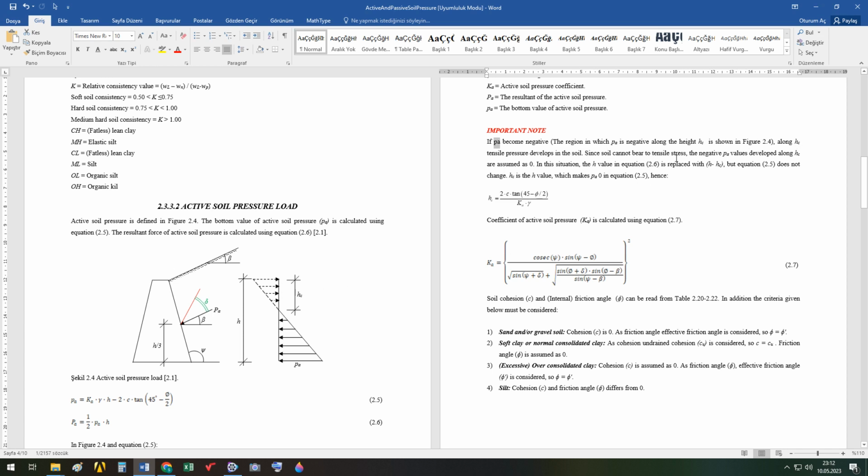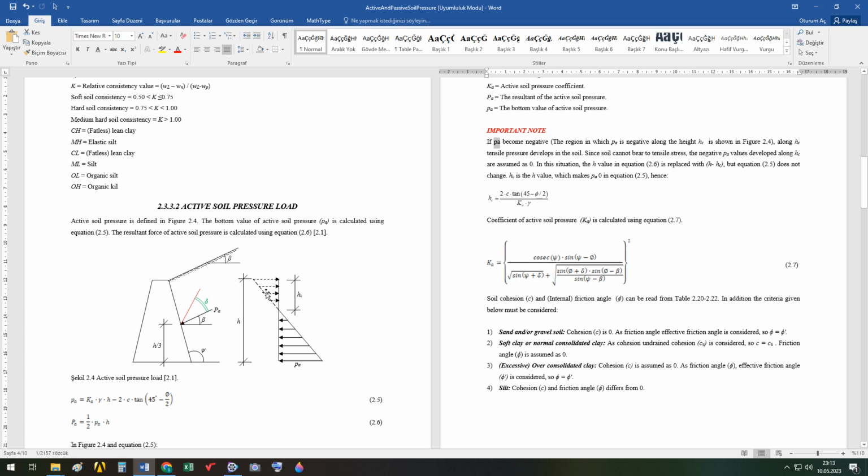But since soil cannot bear tensile stress, and the tensile stresses do not act upon the restraint wall, the value of the tensile stresses is assumed as 0.